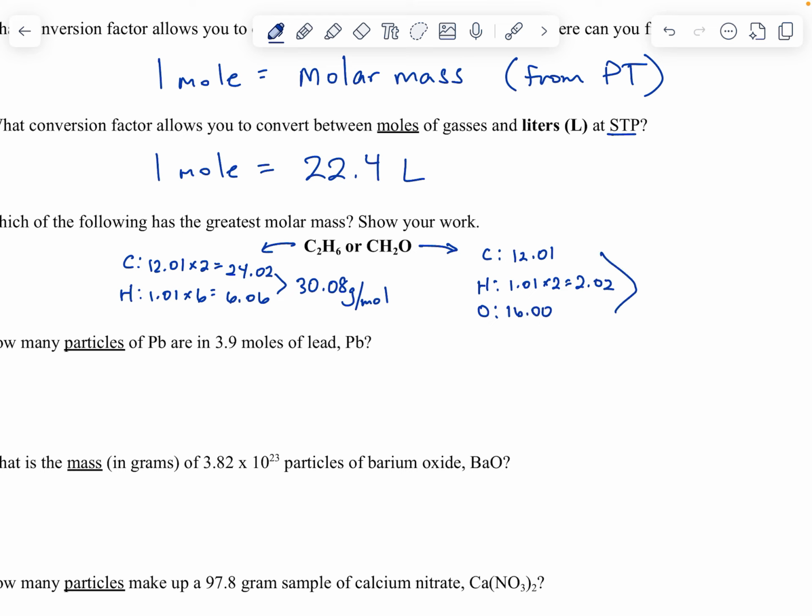You add all that up together, you should end up with 30.03 grams per mole, if I'm not mistaken. And so we end up identifying which one has the greatest molar mass. Then we would say, well, it is C2H6 because it has a greater mass per 1 mole, which is what molar mass is.